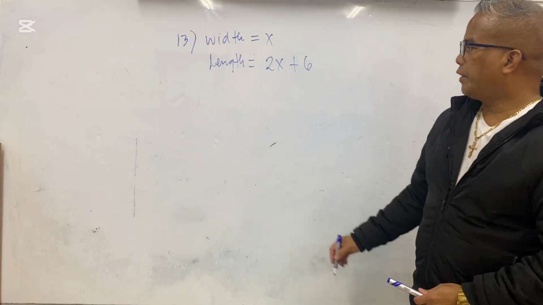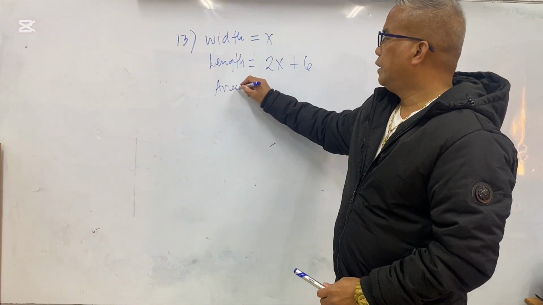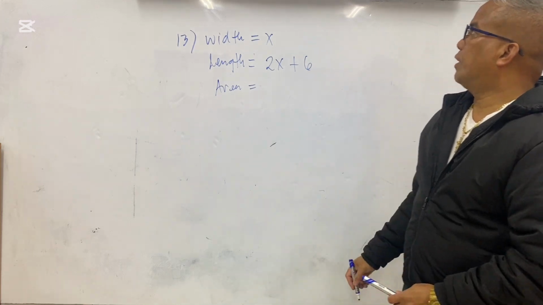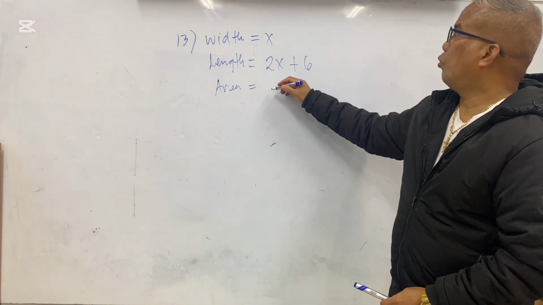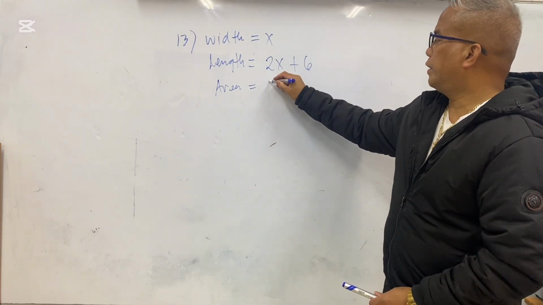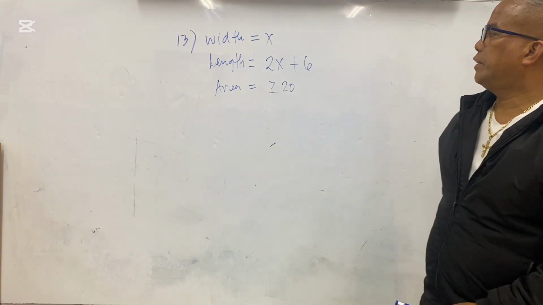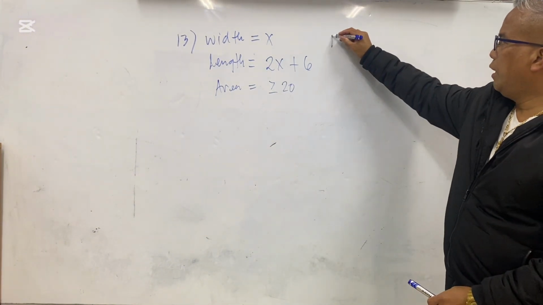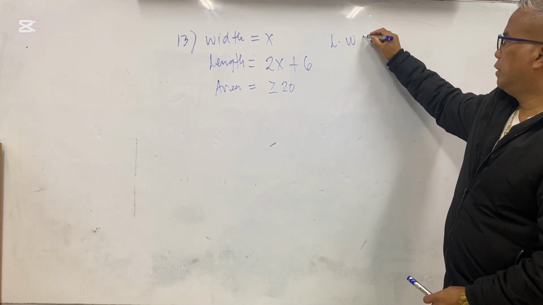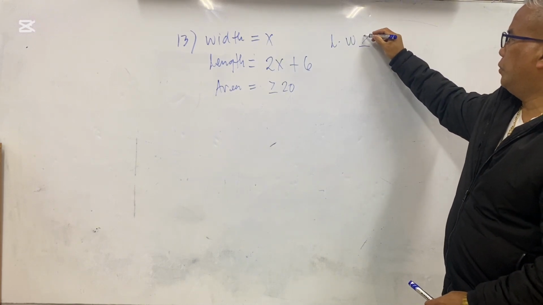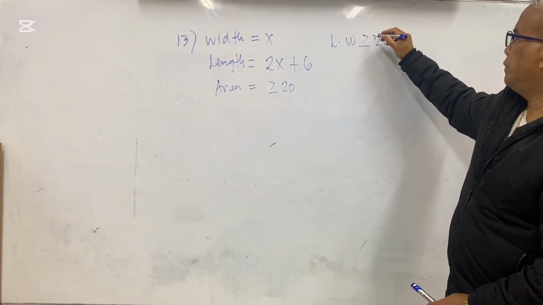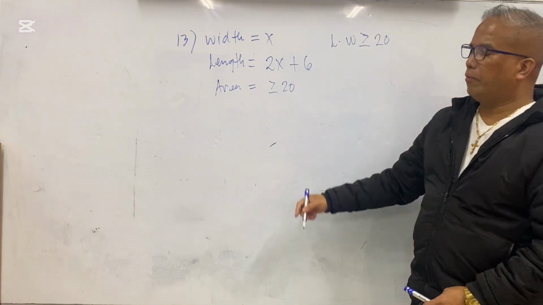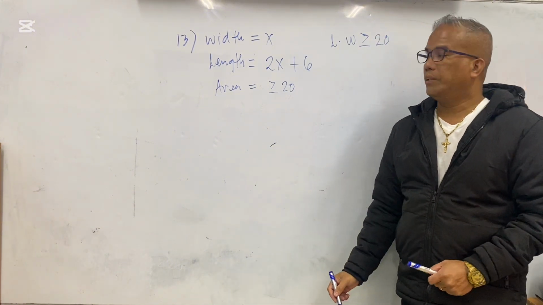And then the area must be at least 20. So greater than or equal to 20. So the formula now will be length times width greater than or equal to 20, because of the words must be at least.